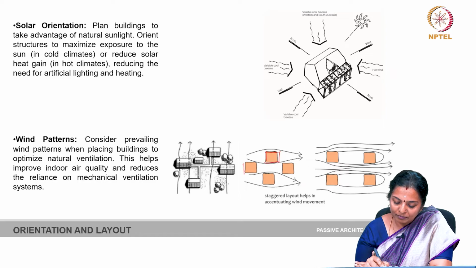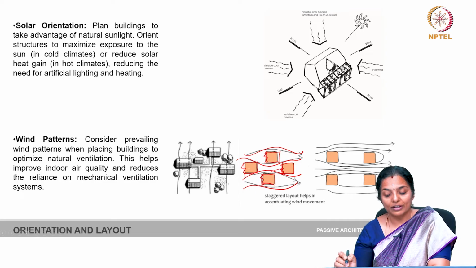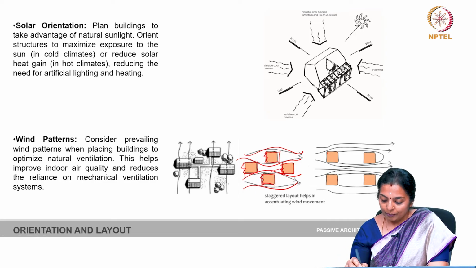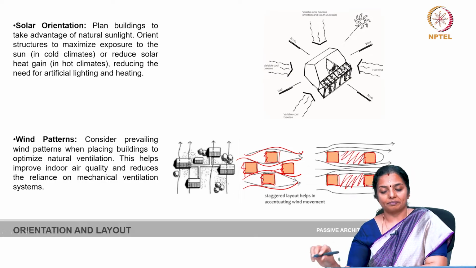If the buildings are staggered, the wind seamlessly flows around them, and hence all the rooms get the benefit of ventilation. When the buildings are not staggered but are in file, it causes a small wind shadow region.